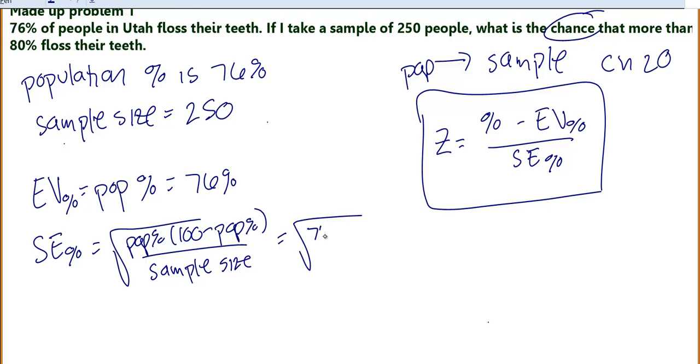So my population percent is 76 times 100 minus 76, all over 250. Go ahead and double check all my calculations as we do these made up problems, since I haven't done them before. I get that my standard error is 2.7%.